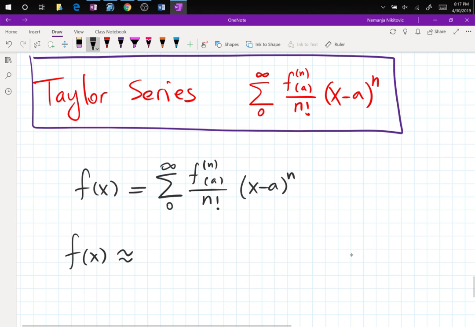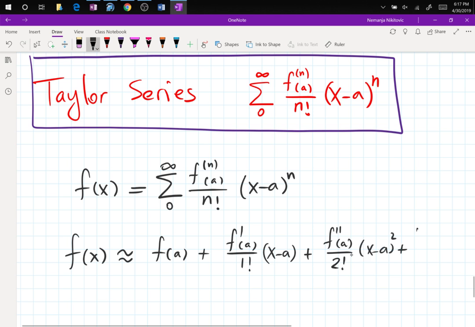In this case, all you have is f of a plus f prime of a over 1 factorial, which is 1, times x minus a, plus f double prime of a over 2 factorial, x minus a squared, plus f triple prime of a divided by 3 factorial, times x minus a cubed. This is a 4-term approximation for the Taylor series.